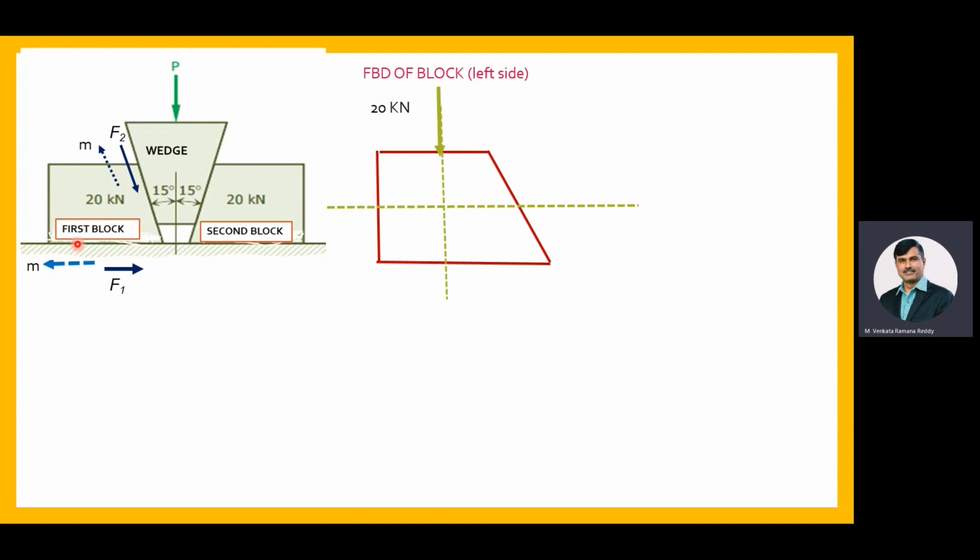Then the horizontal surface is exerting a normal reaction, say N1, on the 20 kilonewton block. Then the frictional force between the horizontal surface as well as the block acts rightward. That is, F1 is acting rightward.